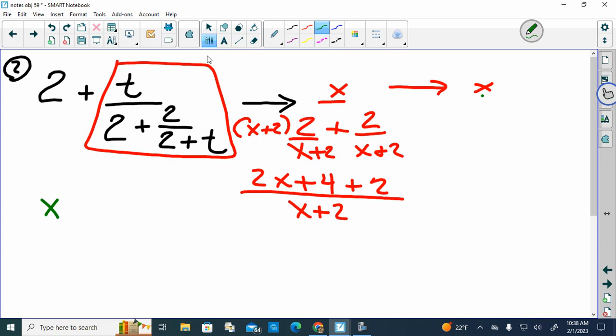Keep, change, flip. I'm just saying you need to write out the division part, and then rewrite it as a flip. So that means this is going to be on top, which is x plus 2, and then on the bottom I've got 2x plus 6.